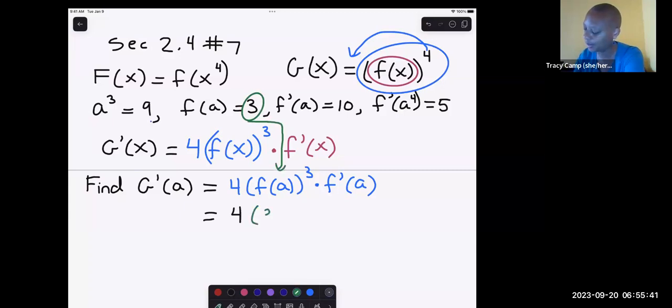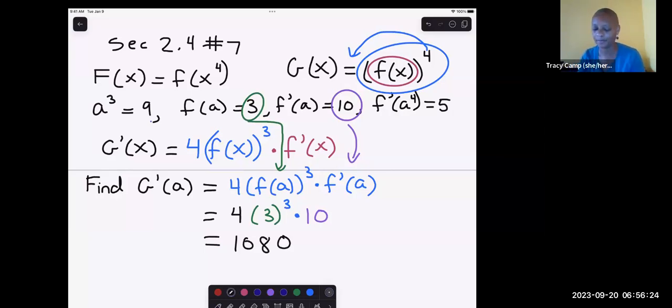So 4 times 3 cubed times f prime of a, which they give us is 10, so I can replace that f prime of a with 10. 3 cubed is 27, times 10 is 270, times 4... here I just used a calculator. So I get 1,080. And this is our answer.